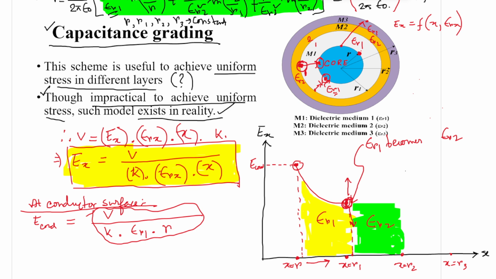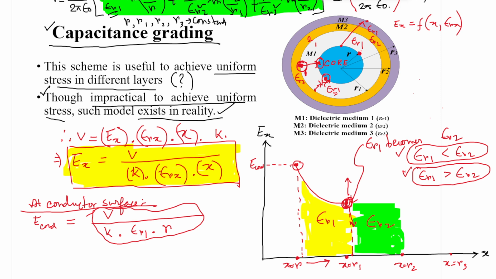Now the answer is, epsilon R1 may be less than epsilon R2, or epsilon R1 may be greater than epsilon R2. It depends. It cannot be equal, because then the mediums would be the same. Let me understand the different consequences of these two cases.